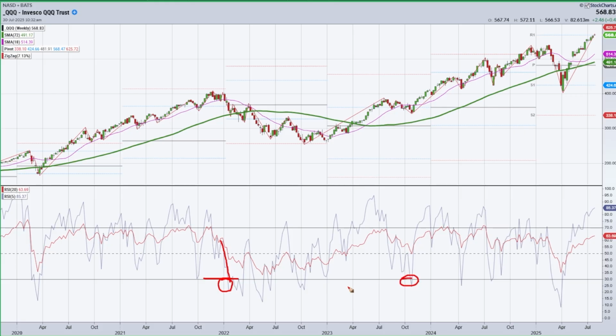We got oversold here below the 30 mark, same as this. But to me, there's a massive distinction in this because when we got oversold here, the RSI 20 was breaking below the 50 mark. All right, you see how that's the trend indicator. If we stay above the 50 mark, then we can use these dips underneath the 50 mark and down to the 30 mark as potential buying opportunities.